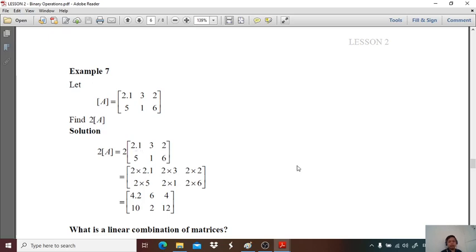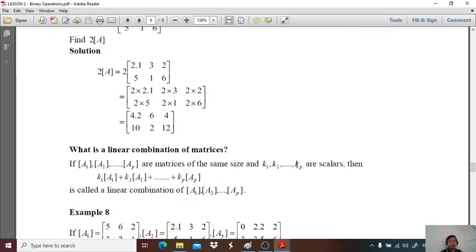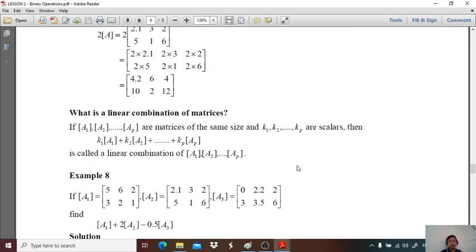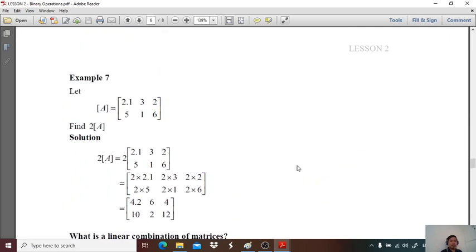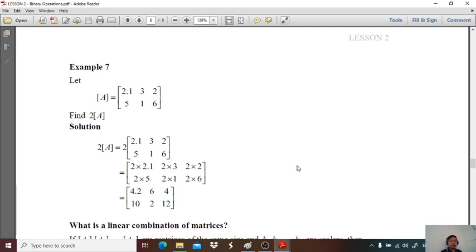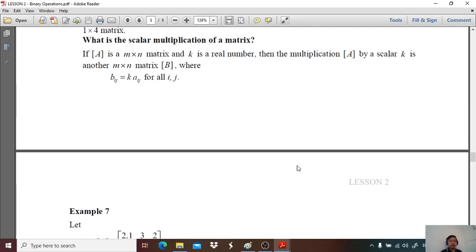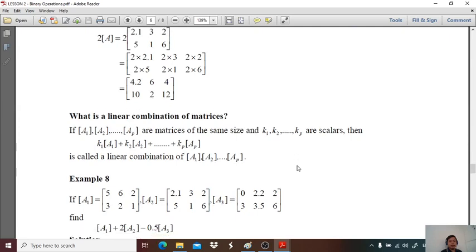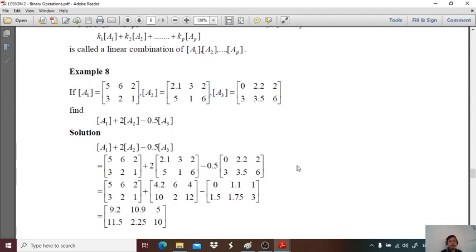Just multiplying. And for this, we have a combination. So we have to combine the addition, subtraction, and also scalar multiplication. So the example is here. So we have given A1, A2, and A3. And since it is addition, you have to consider the size of the matrix.